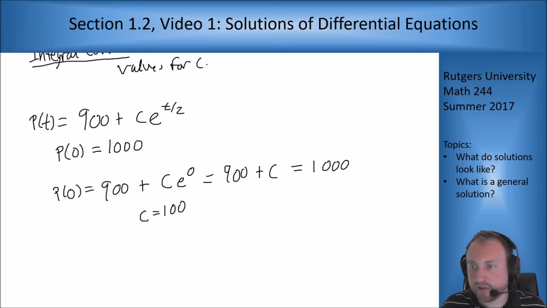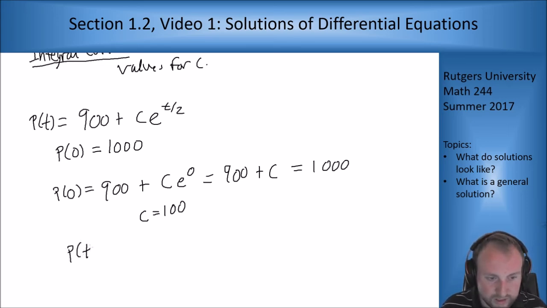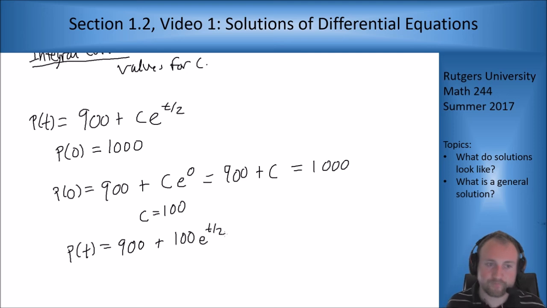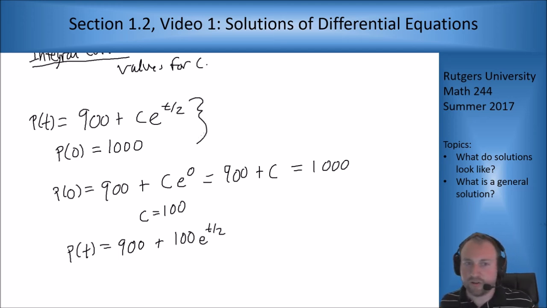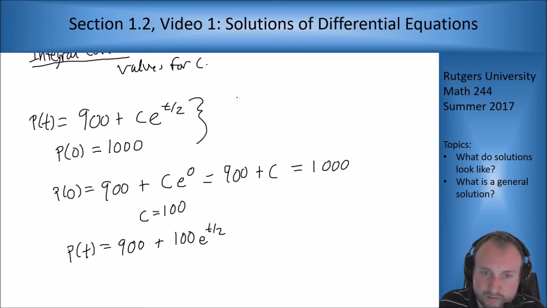And I have my solution with that initial condition: P of t is going to be 900 plus 100 e to the t over 2. This setup, where you're given both a differential equation with a general solution and a value of the function, is called an initial value problem.